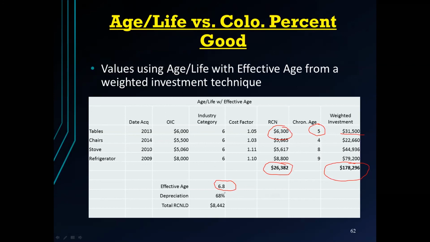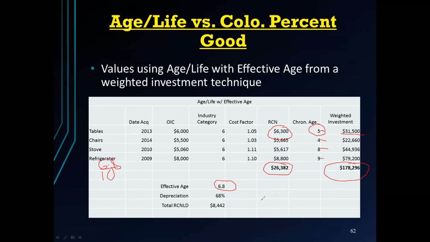And then the flip side of that, if you turn that into a percent good, you would have a total RCNLD of $8,442. So notice, though, that what's happening is basically you're saying this group of assets is 6.8 years old, even though this asset here is 5 years old, this one's 4 years old, this one's 8 years old, and this one's 9 years old. You're saying that the effective age is 6.8 for everything.